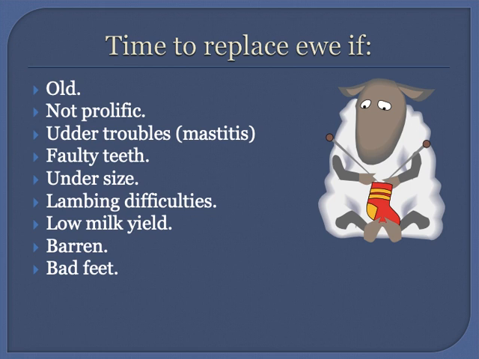If she's got faulty teeth, if she's kind of undersized after a while, if she's having lambing difficulties repeatedly, you don't want to have to be interfering the whole time with lambing. If she has a low milk yield, certainly if she's barren, if you can't get her pregnant, then she's not much good to you. Or if she has bad feet, basically if she requires any minding at all, it's time to replace her.